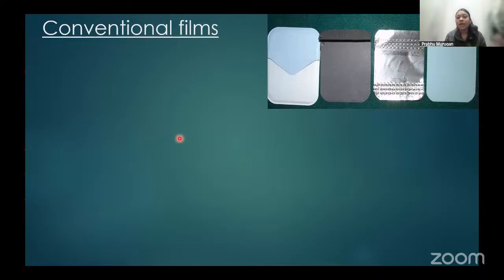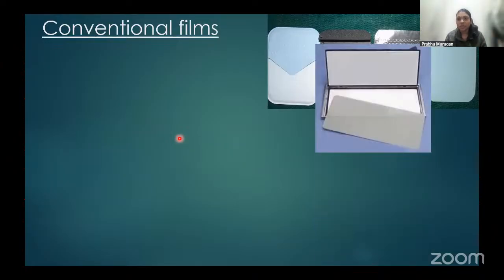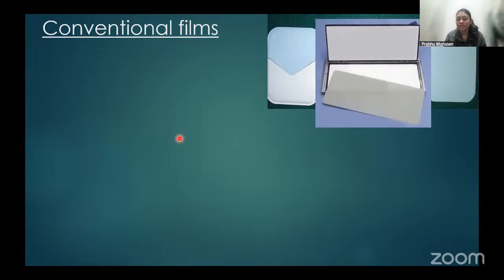When you look at the microscopic section, you will see the different parts of the X-ray film. The next picture is for the extraoral films, okay? For extraoral films, we use intensifying screens, placed on either side of the X-ray film, and all of this is encased within a cassette.